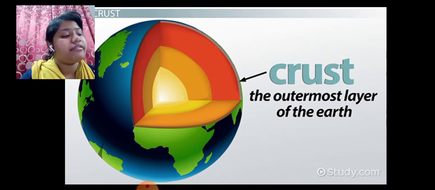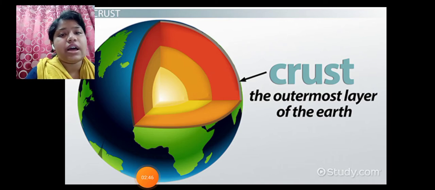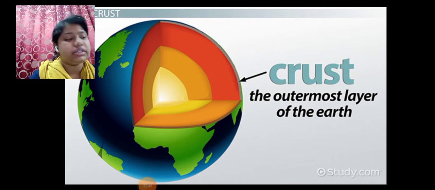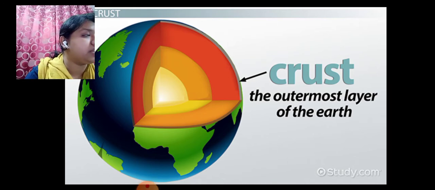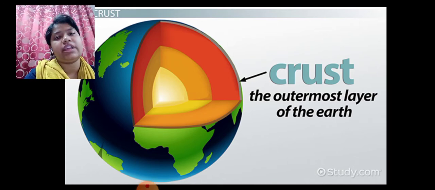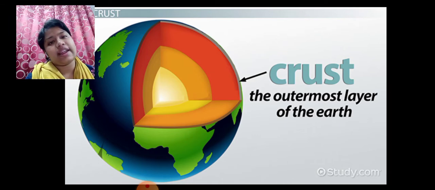First we have the crust. The crust is the outermost layer of the Earth. The radius of the Earth is 6370 kilometers, and the Earth can be studied in two ways, directly or indirectly.